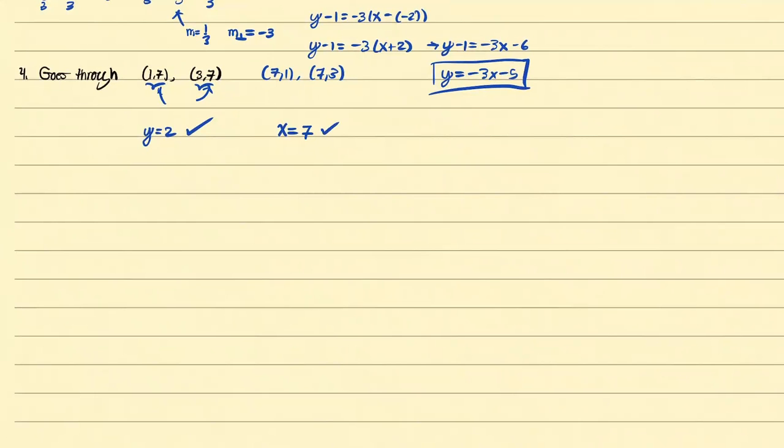So this is why I emphasize that it's important to describe intercepts as points rather than lines. If you say an intercept is x equals 7, what you're describing is an equation of a line, not a point. An intercept is a specific point, not an equation of a line.